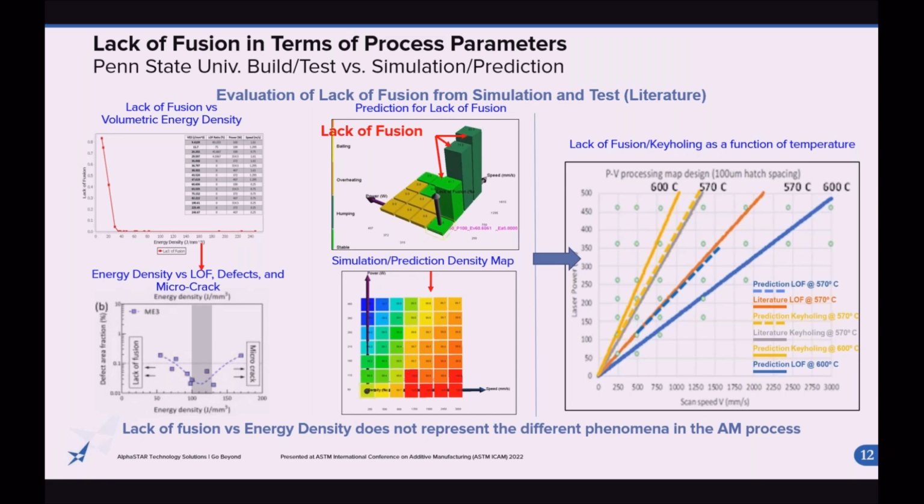On the right side, you can see comparison of prediction versus test for certain power speed settings, in this case with a fixed hatch rate setting, and the temperature predictions and the process parameter configuration showed good agreement between test and simulation at various speeds and at various system configurations.